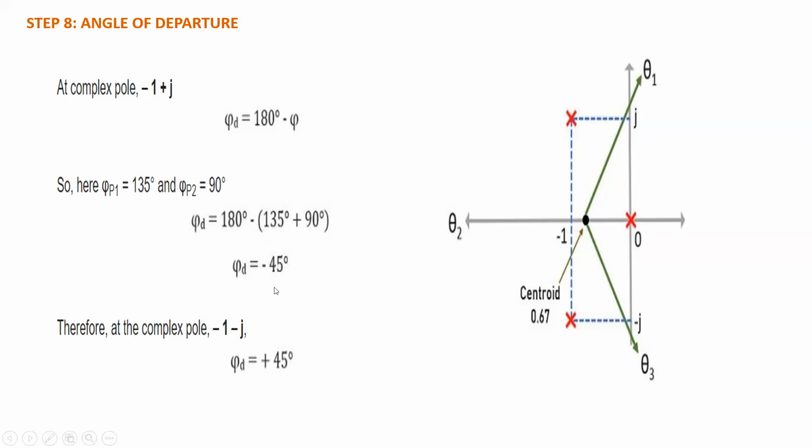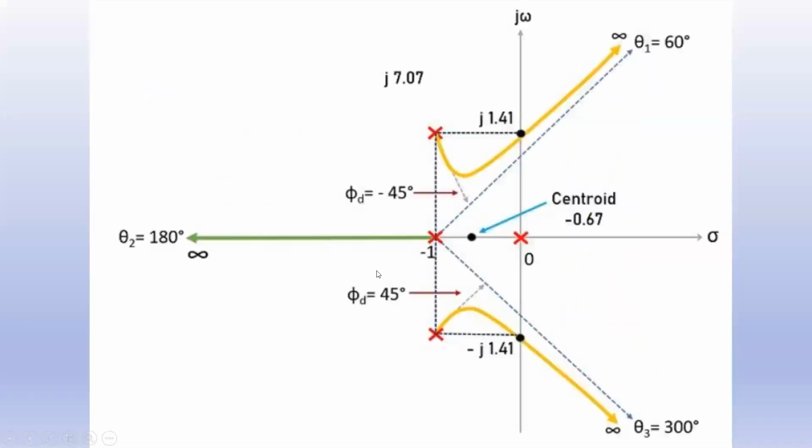If we substitute that, we have positive 45 degrees. So this is how our root locus will be looking.